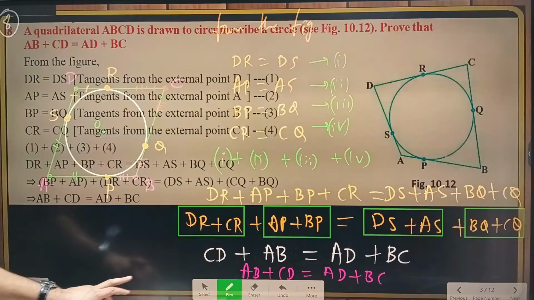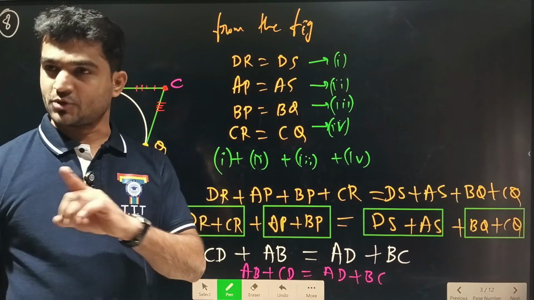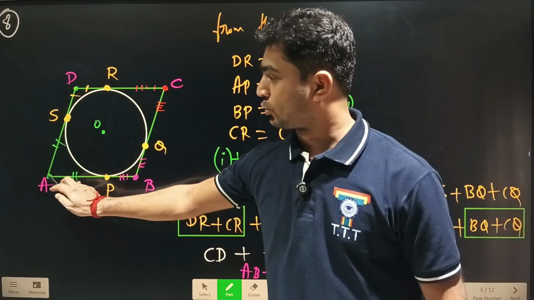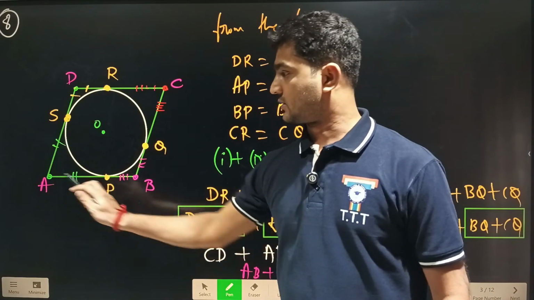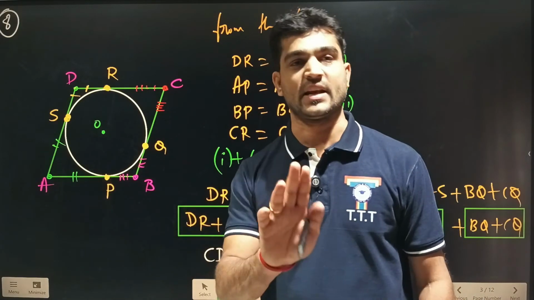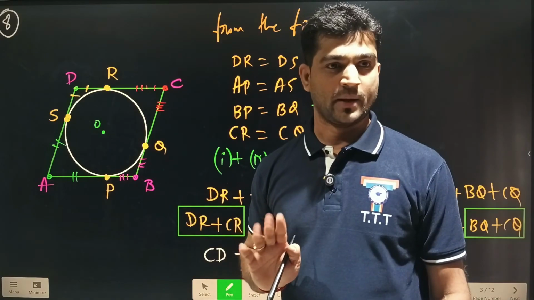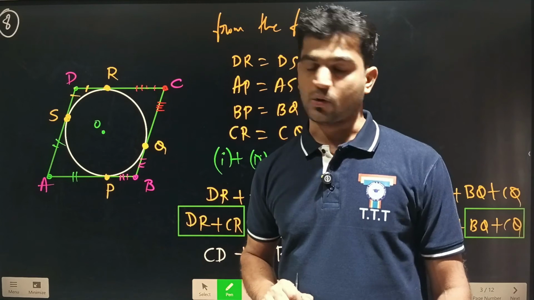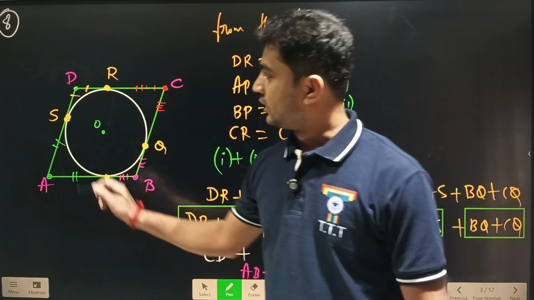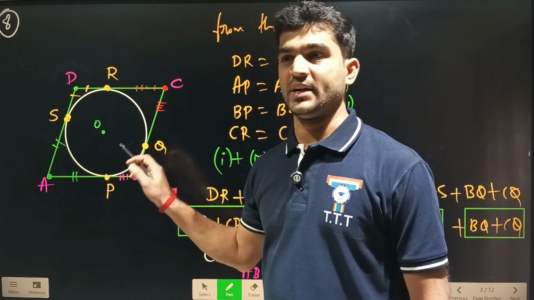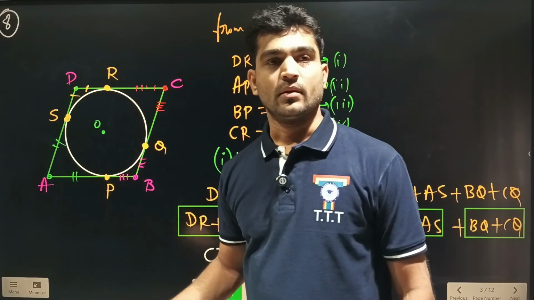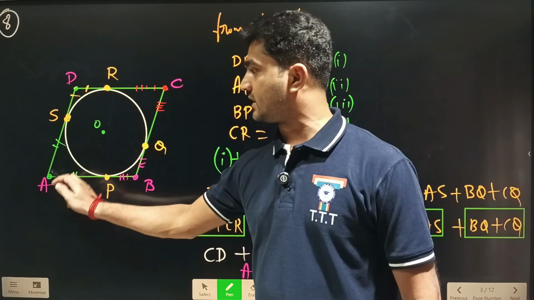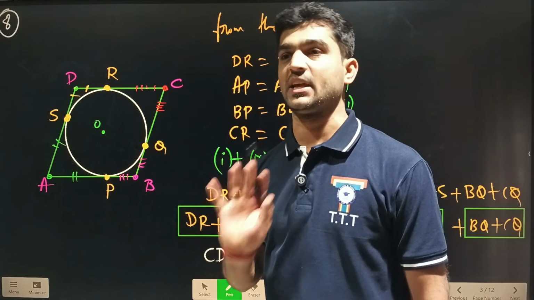Simple, nothing to it. The concept here, observe carefully: we take an external point, then this will be a tangent. For this tangent, these two lengths are equal. Since it is a circle, the circle is inside the quadrilateral. Therefore, considering the quadrilateral, those points are external points. From that external point, this is a tangent, and this also is a tangent. Those two lengths are equal.